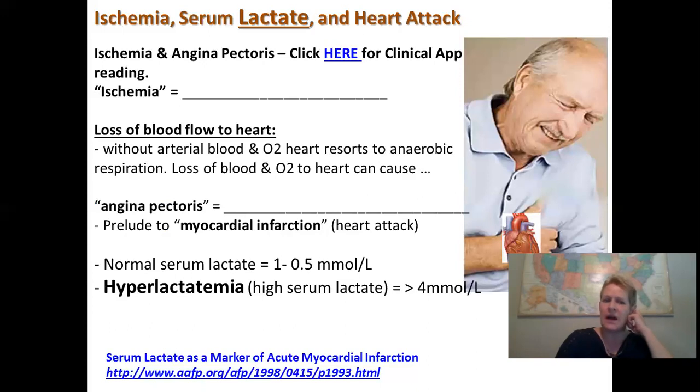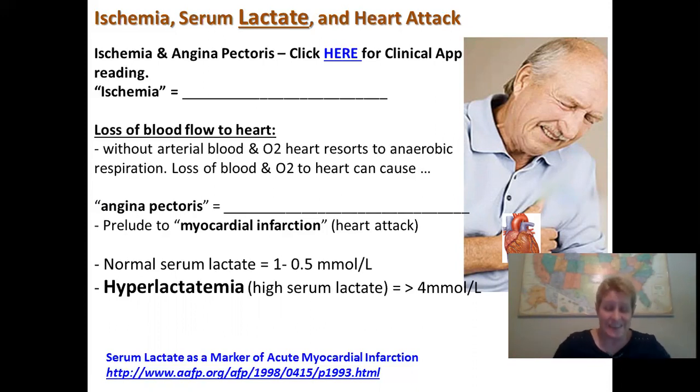So this whole idea of a loss of blood supply, which is called ischemia, any organ or tissue can have a loss of blood supply or have an ischemic event. But this is relevant to nursing. So this whole cell metabolism thing, this whole glycolysis thing, is it relevant to everyday nursing?